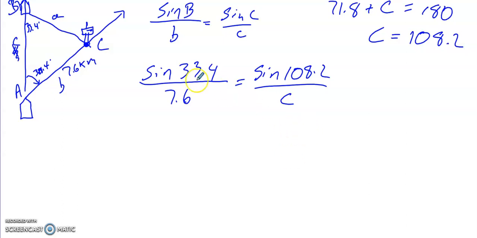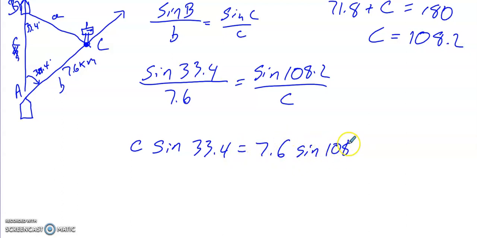From here, I'm going to cross multiply so I can find the length of little c. So c times the sine of 33.4 equals 7.6 times the sine of 108.2. Divide both sides by the sine of 33.4.